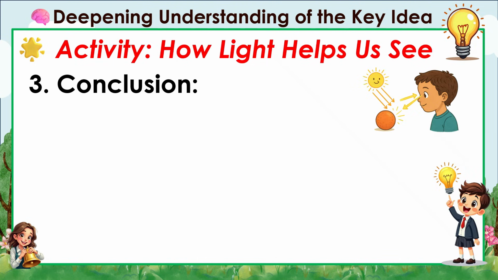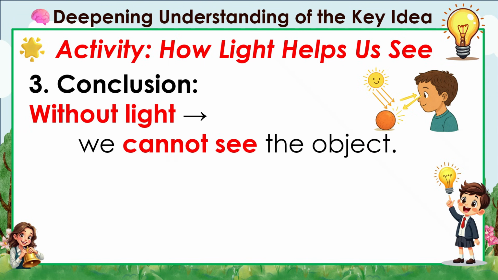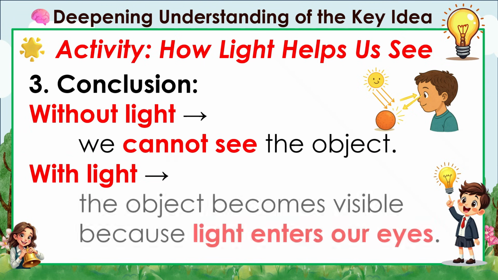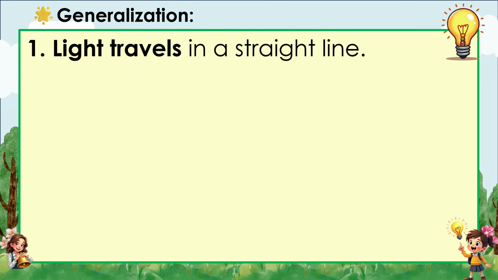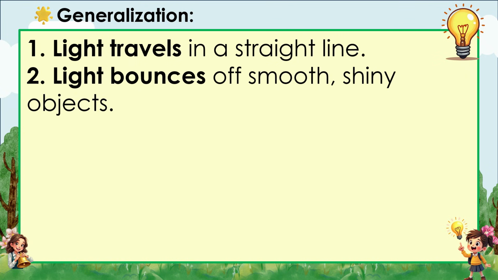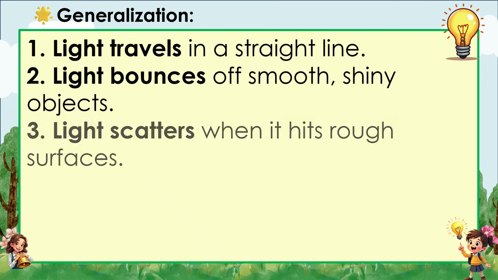So in this activity, we can conclude that without light, we cannot see the object. And with light, the object becomes visible because light enters our eyes. Generalization. 1. Light travels in a straight line. 2. Light bounces off smooth, shiny objects. 3.